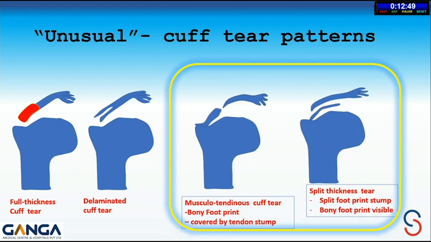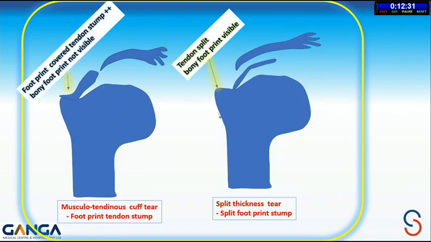The unusual tear could be a musculotendinous tear or a split thickness tear. In the musculotendinous tear, the entire bony footprint is covered by the tendon stump, whereas in the split thickness tear, part of the bony footprint is visible.